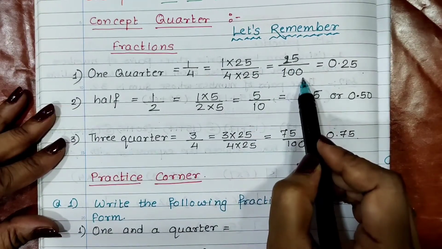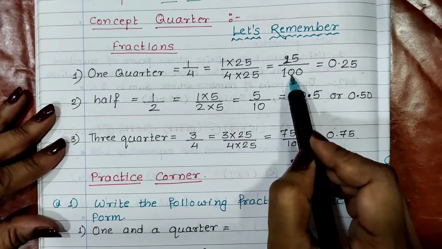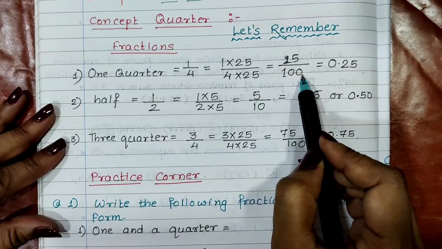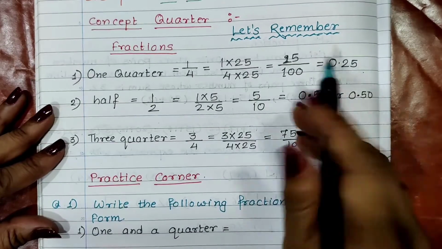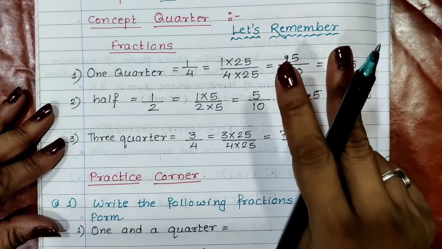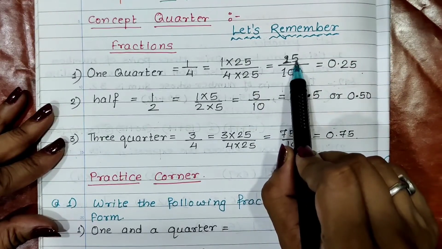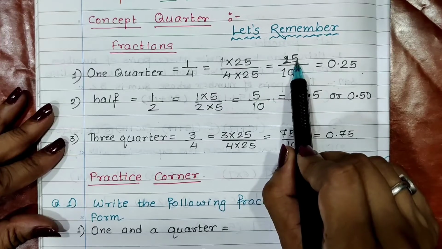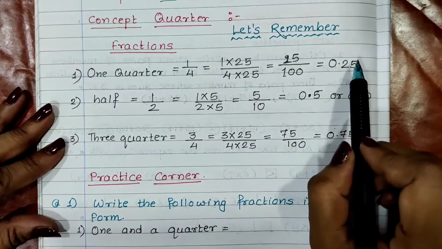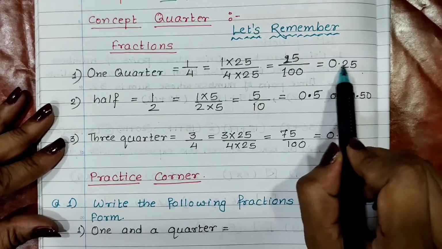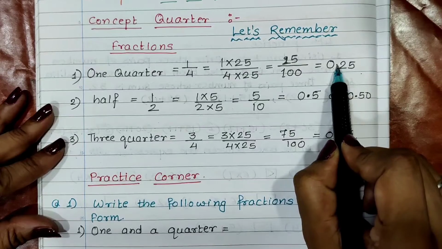So 25 upon 100, how to write it as a decimal fraction? Upon 100 means 2 zeros are there. So we have to put a decimal point in such a way that after the decimal point, on the right-hand side, there are 2 digits. Already there are 2 digits in the numerator, 25. So we write 25, and starting from right to left we count 2 digits and put the decimal point.